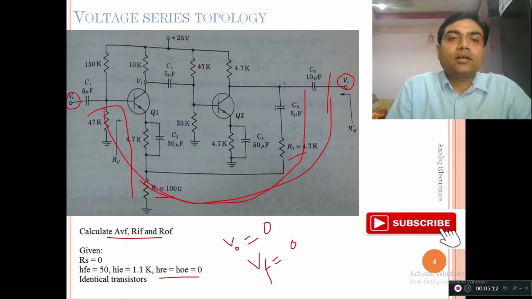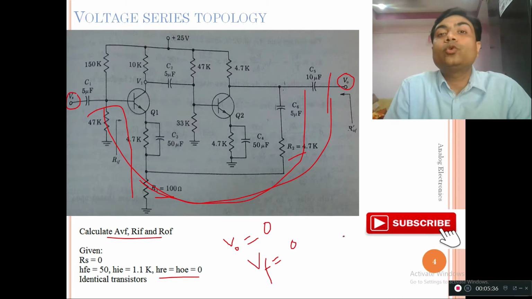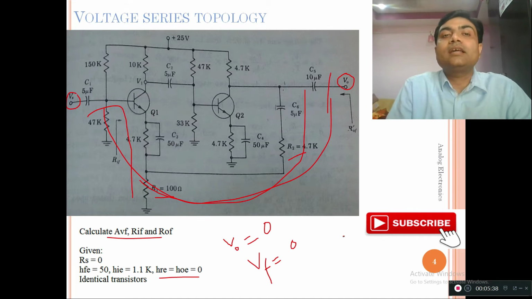Now if I look at the input and output circuitry, and if I identified that the configuration is voltage series configuration, then in the voltage series configuration, if the sampling is in the form of the voltage, I will have to make the input circuitry by making V0 equals to 0, and I will have to make the output circuitry by making II, that is the input loop, open.